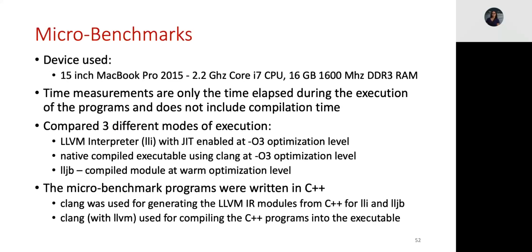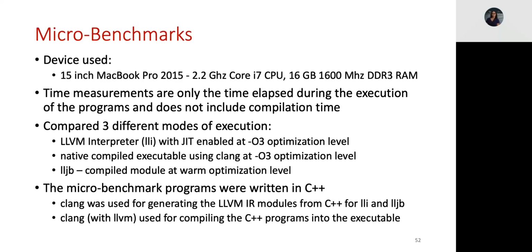So now let's talk about some of the performance numbers that we observed. The device used for taking these measurements is a 15-inch 2015 MacBook Pro. And the time measurements that I have in my charts are just the time elapsed during the execution of the programs, and it does not include the time taken to compile them.